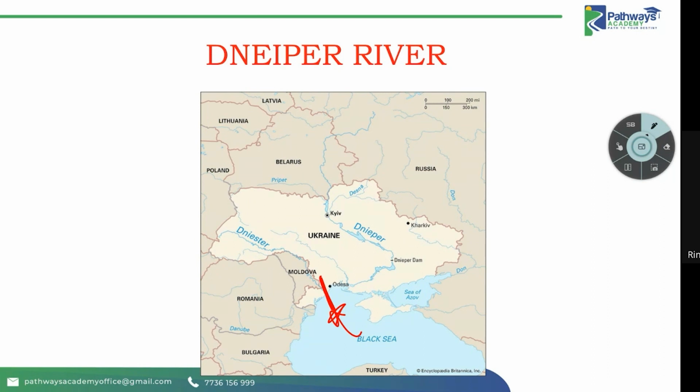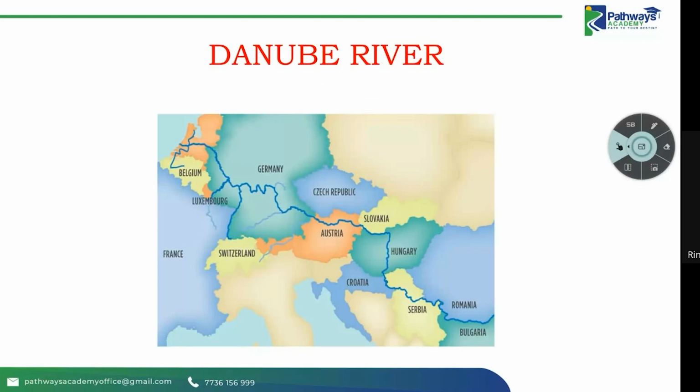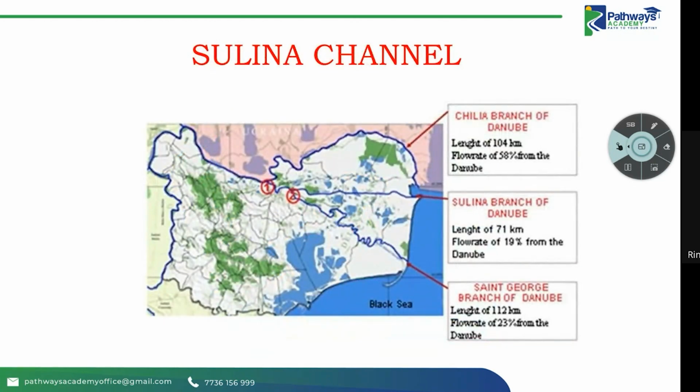They were going into food insecurity. So this channel is very important. The Sulina channel is the only channel through which Ukraine gets grains from the Black Sea. They can transport the grains and cargoes from the Black Sea to their territory. So this is about the Sulina channel.